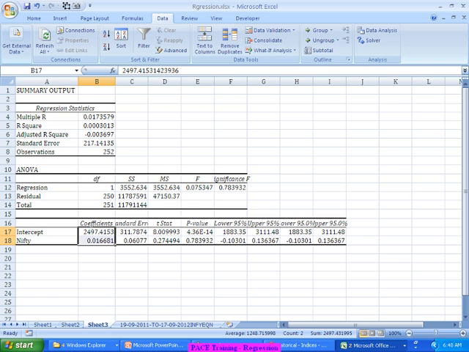Because this output is linear in nature, you don't have x squared or log x or anything like that. That's why we call it linear regression. It is some constant times x plus b, and that's the equation that typically comes out.